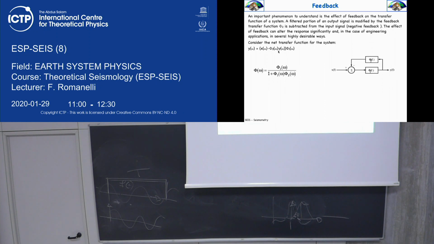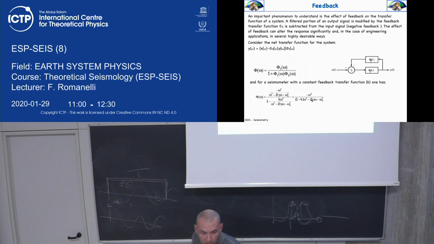You should say, so what? Okay, let's take our seismometer, and let's take this system here, just a multiplicative factor, and plug it back. Now the Fourier transform of the transfer function is the one we have been using, times k, and so on.